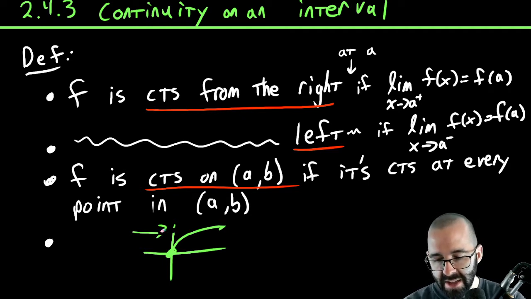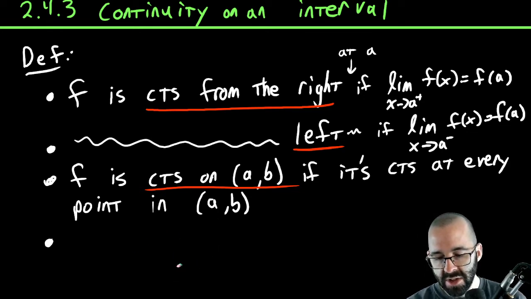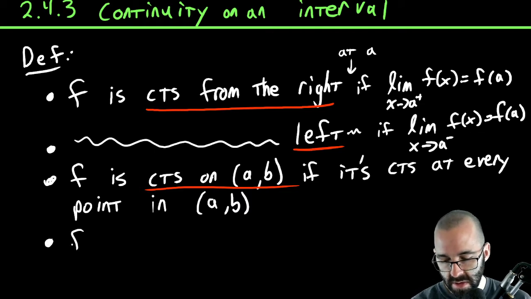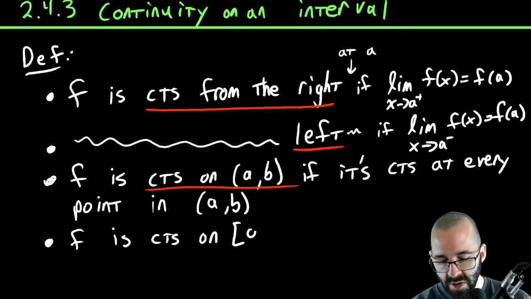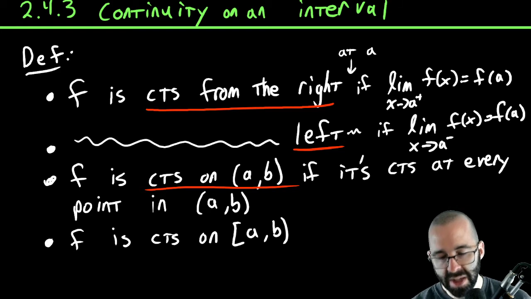So we have a slightly different and honestly more useful definition for continuity on closed intervals. So f is continuous on a closed interval or on a partially closed interval. There's actually like 3 definitions that you can put here. They're all basically the same.